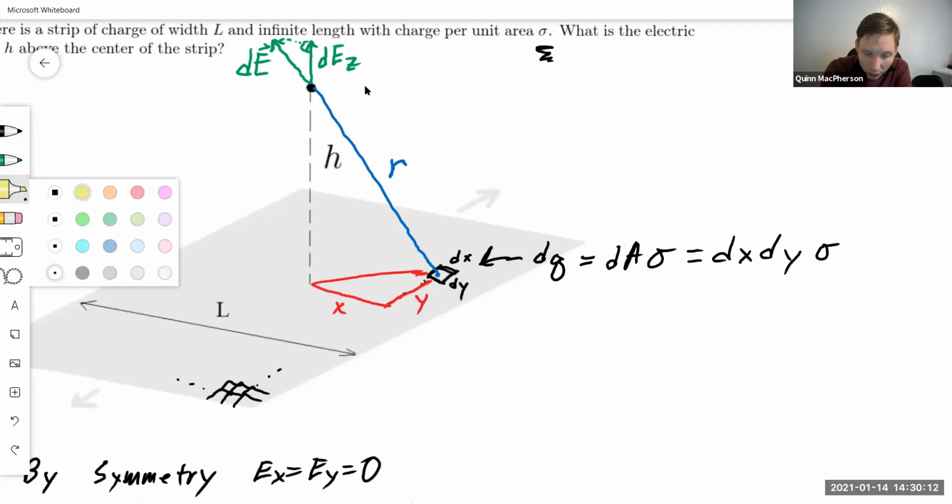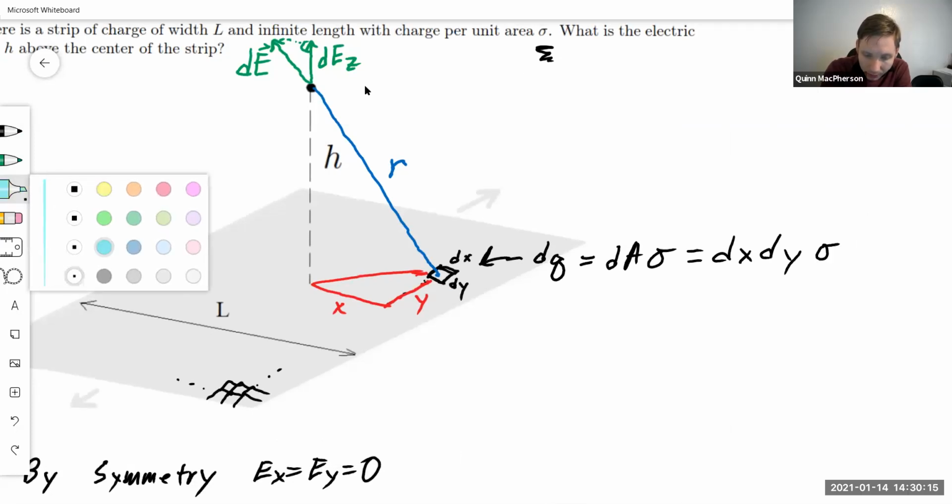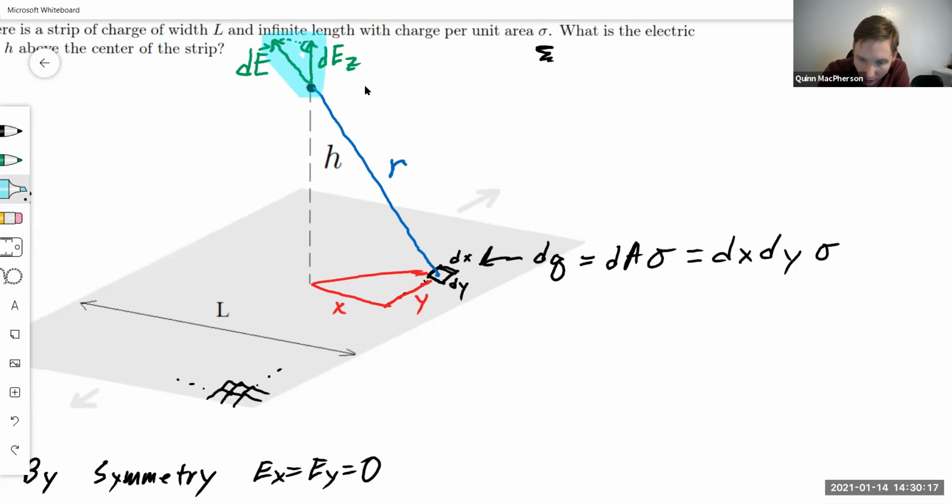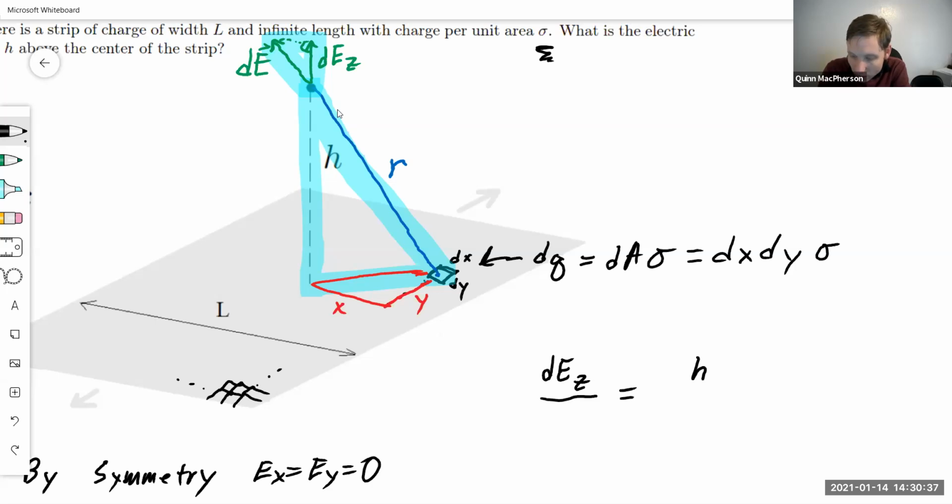For example, you can compare this triangle here with this triangle here, and you can say the vertical component of the dE we want, so dE in the z direction, is to the h, the vertical part here, as the entire dE, the magnitude of dE, is to r. So you can do it via similar triangles.